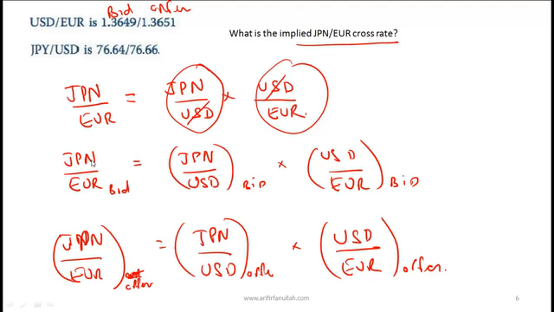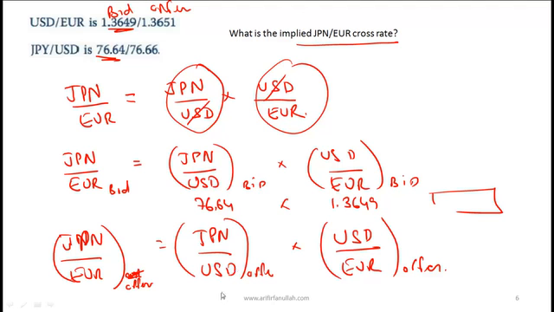So in this particular example, for the Japanese yen to euro bid, we take the Japanese yen to USD bid, which is 76.64, multiplied by USD to euro bid, which is 1.3649. You just multiply these two numbers and you will get the implied bid rate between Japanese yen and euro.